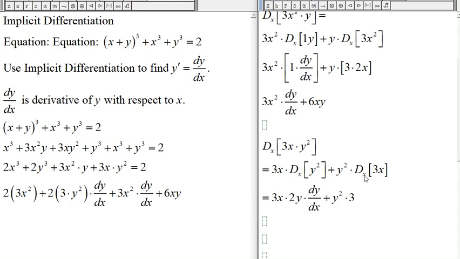Derivative with respect to x, and here we just have the variable x, so just do the regular derivative. So this would be 6xy and then dy dx, and plus 3y squared.